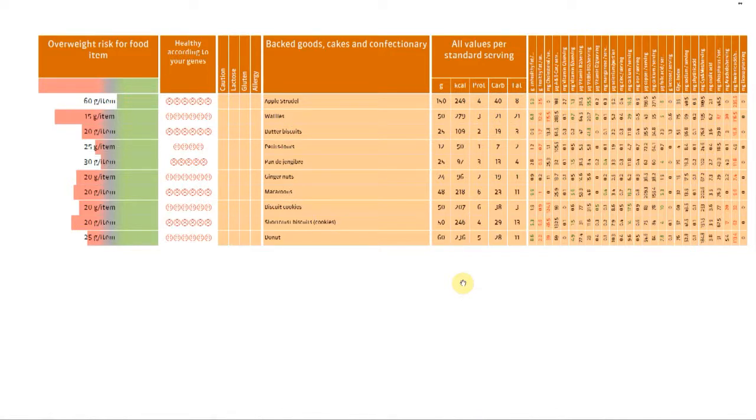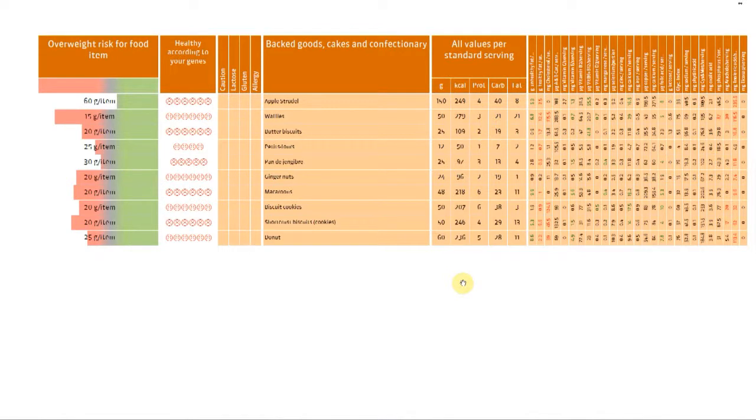So what we find here is that apple strudel is, as I've explained, something that has less weight gaining potential than waffles would do. So a person can eat 60 grams of apple strudel to have the same weight gain effect as 15 grams of waffles. So what does this tell you?